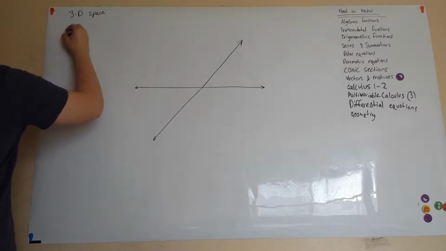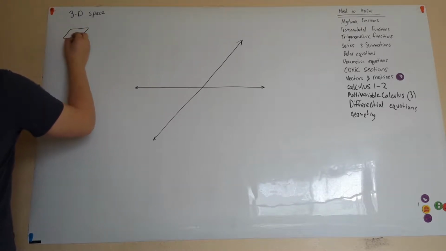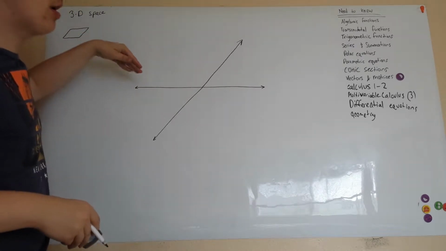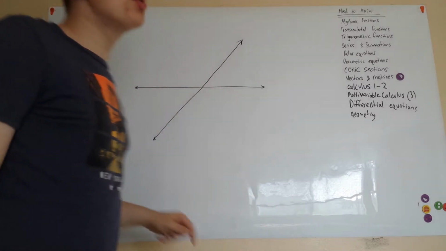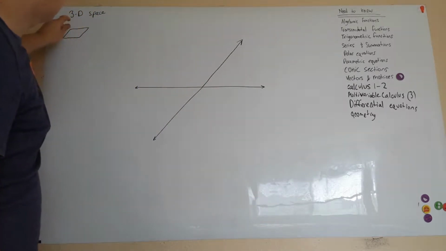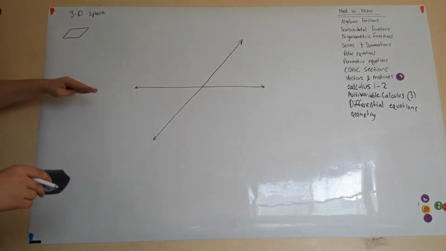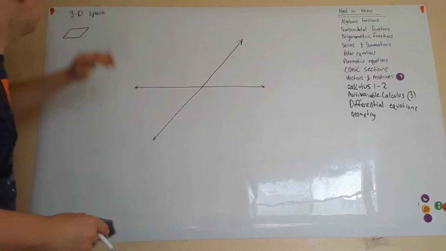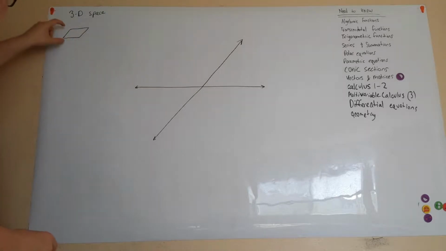So this plane, it kind of looks like this right here. And it's supposed to be laying flat on the ground, but because we have to draw it where we can see all three dimensions, I'm going to draw it like that. So imagine this is a little piece of paper just settled down. So this flat piece of paper is on the ground like that. Kind of. It's just resting flat like that.